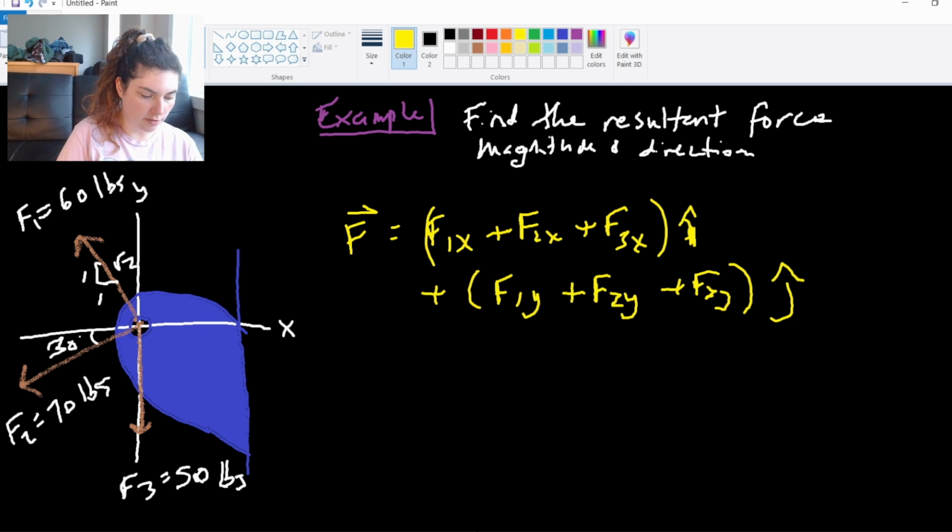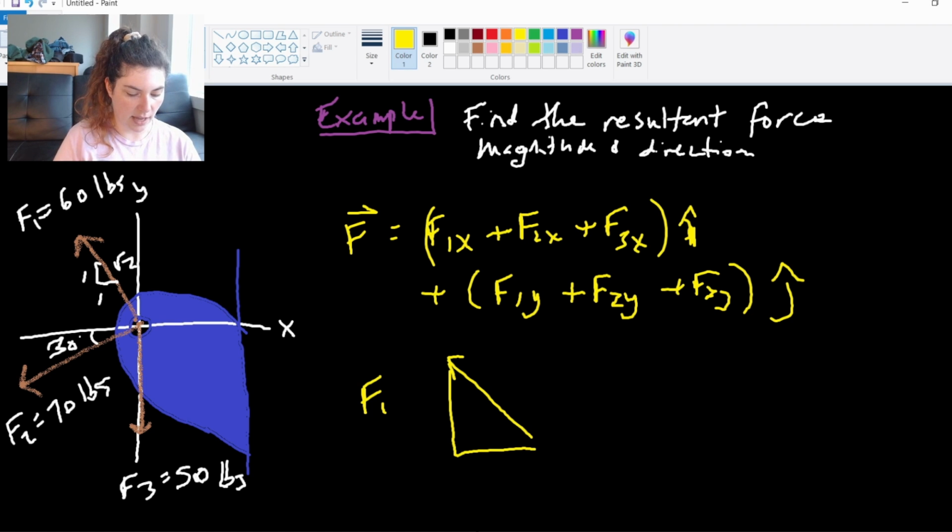So if we look at F1, I'm going to go ahead and break it out a little bigger over here. So F1, we look at this triangle, we see it gives us these side measurements of 1 and square root of 2. So I know that the x component is going to be this component right here. So to get our x component, all I need to do is take F1 multiplied by the proportion that is the x component.